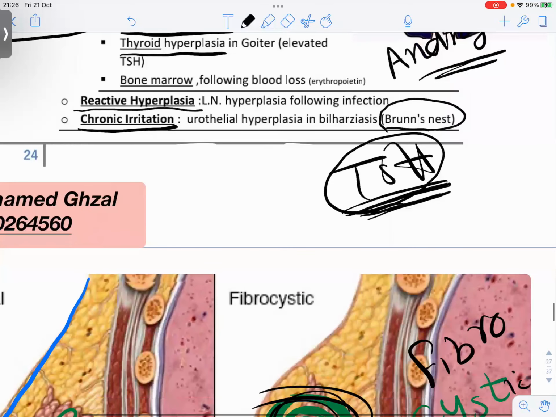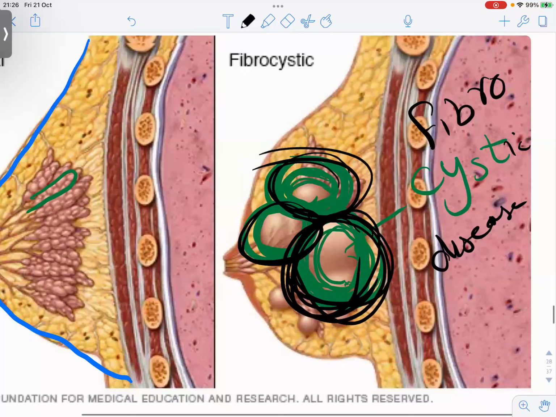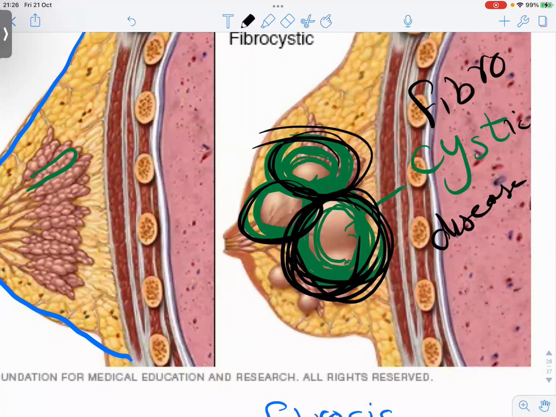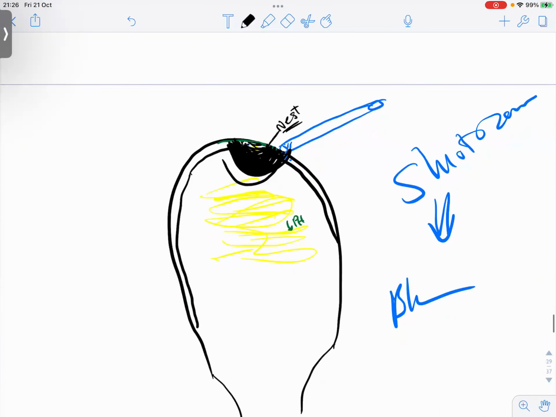It occurs due to chronic irritation in the urinary bladder. When the epithelium of the bladder is irritated for a long time, it forms a lot of cells to face the acidic medium of the urine, and forms nests called Brunn's nests.